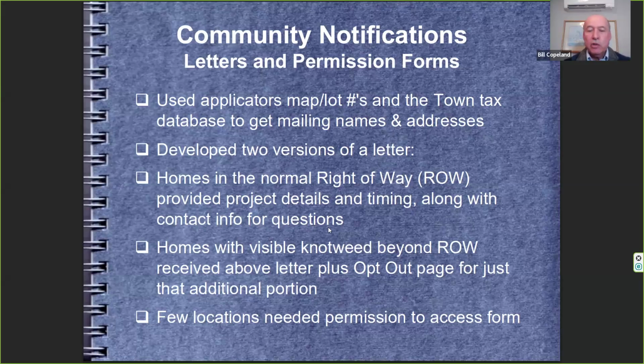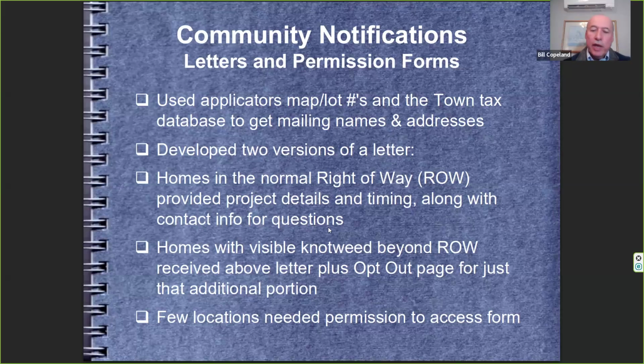And then there were some homes that you were out of the right of way, but you could actually see like a bush on their front lawn or something like that. So they got a different letter. They got the normal right of way letter, but they also got another letter that said, hey, you could opt, since this is on your property per se, you can opt out for that piece of the thing, but we're still going to do spraying on the right of way.